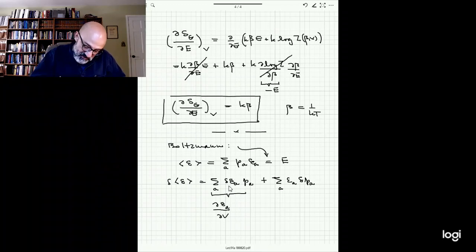And so what we have here is that this whole thing is the expected value. Okay, the small change is the derivative, and then I have to multiply it by the change in volume.